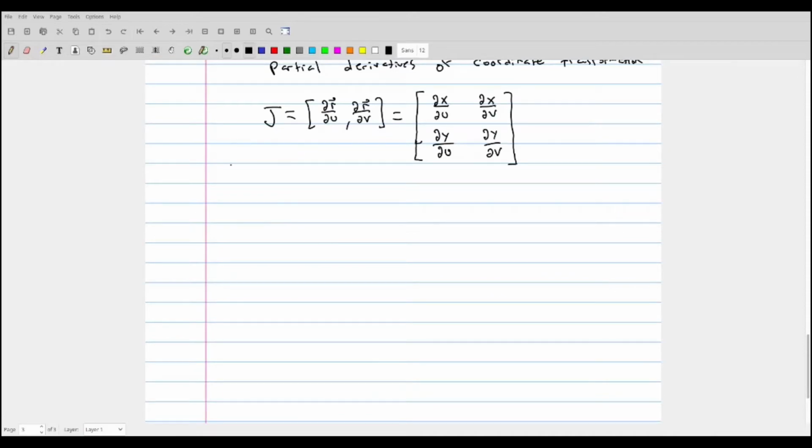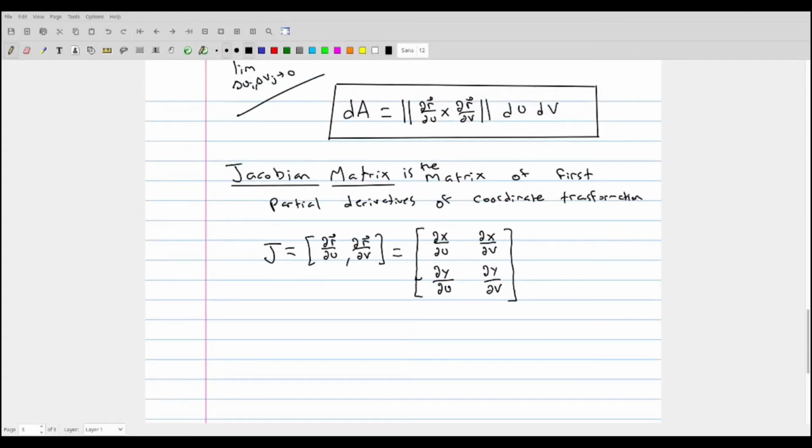And a very interesting relationship between vector calculus and linear algebra is that when we calculate the determinant of the Jacobian matrix, this is directly related to the magnitude of this cross product.